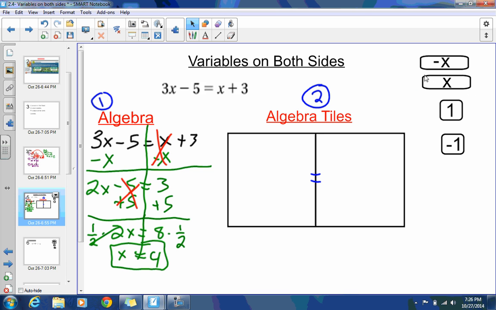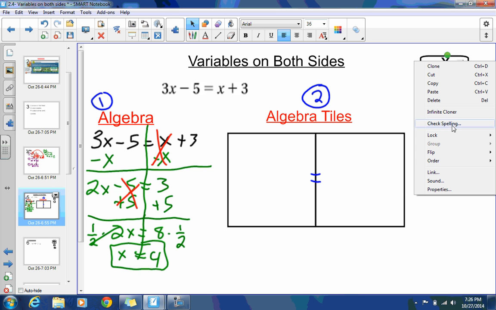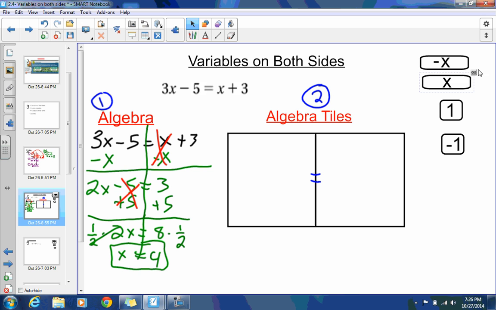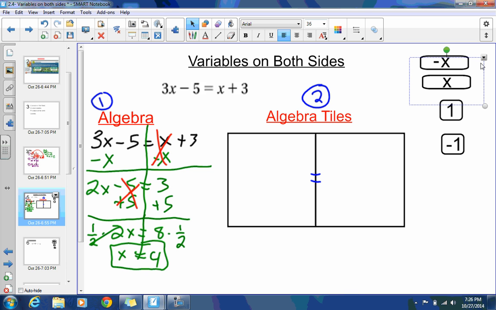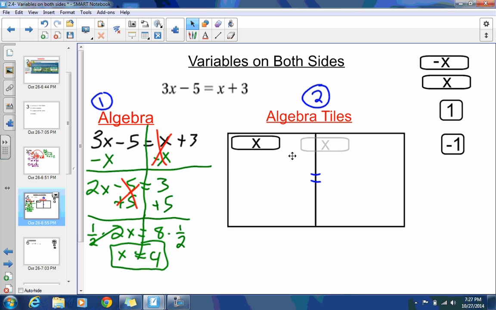All right, apparently that did not go together there. All right, so we've got our x's. We don't know what x is yet. We're going to figure it out. So we're going to get 3x's over here. And those 3x's are also accompanied by -5.